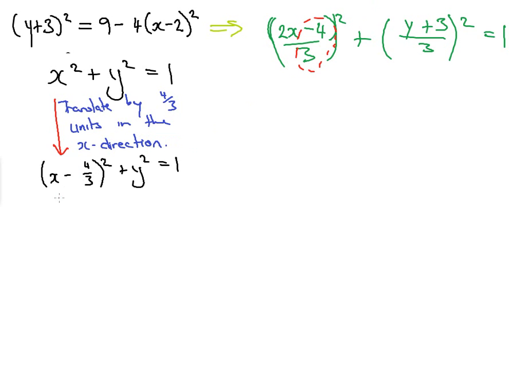Now we can scale, and if you look at what we're going to scale by, we're going to be scaling by a factor of 1/3. So that means we multiply the x by 2/3. So now we replace x by (2/3)x: ((2/3)x − 4/3)² + y² = 1.